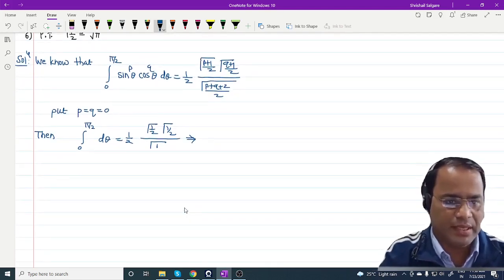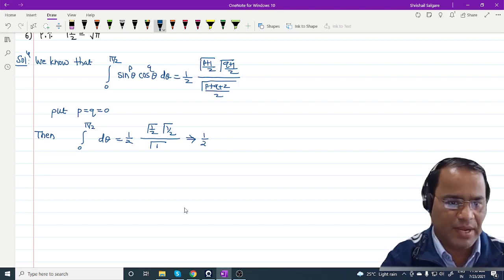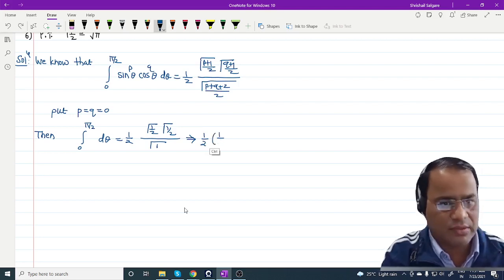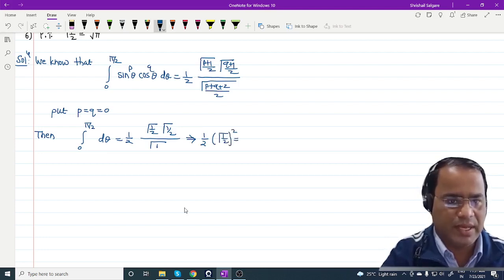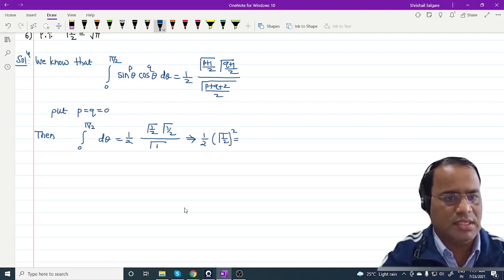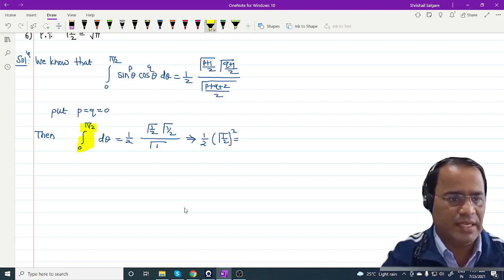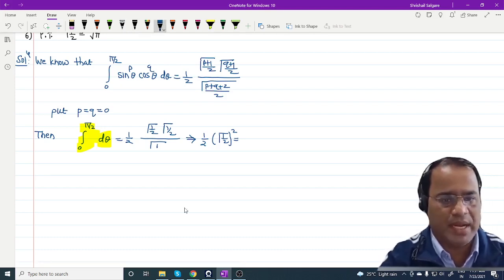So same thing, this one I will write 1 by 2 into gamma of 1 by 2, the whole squared, is equal to, now this is a definite integral with integrand 1 and limits 0 to pi by 2. So its evaluation is nothing but upper limit minus lower limit directly, no need to evaluate separately.